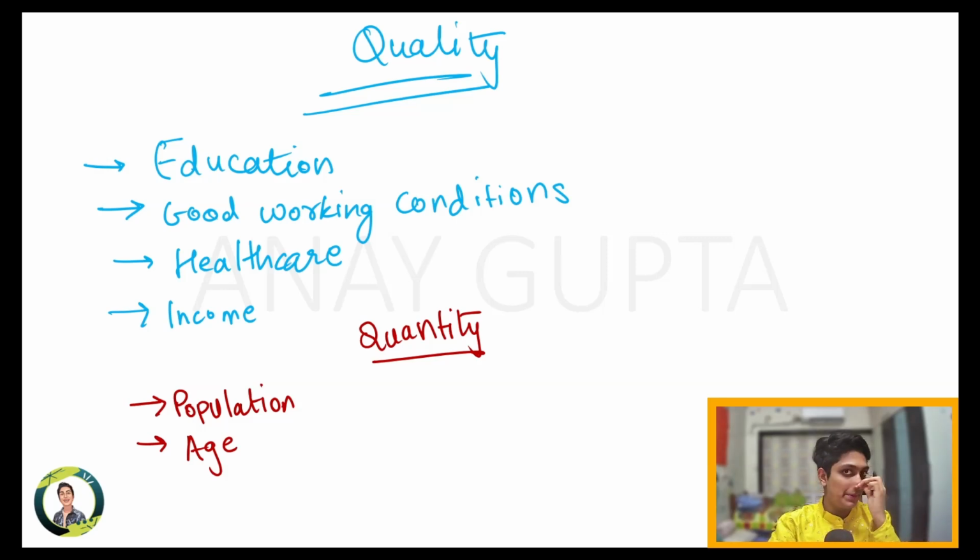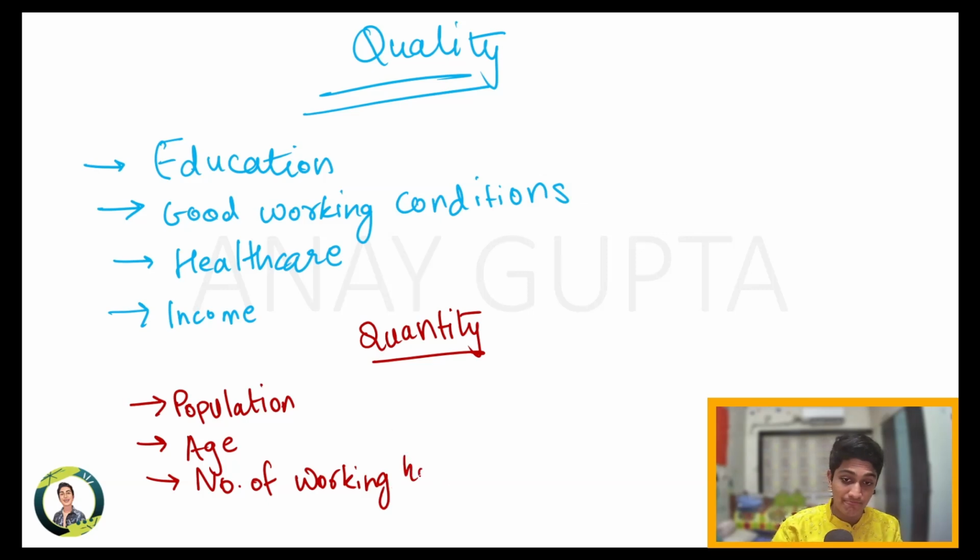So if there are people like say 16 to 60, they can actually work and contribute to the labor. Then we can also talk about the number of working hours, because that also contributes to how much a person works. And we can speak about the holidays as well.